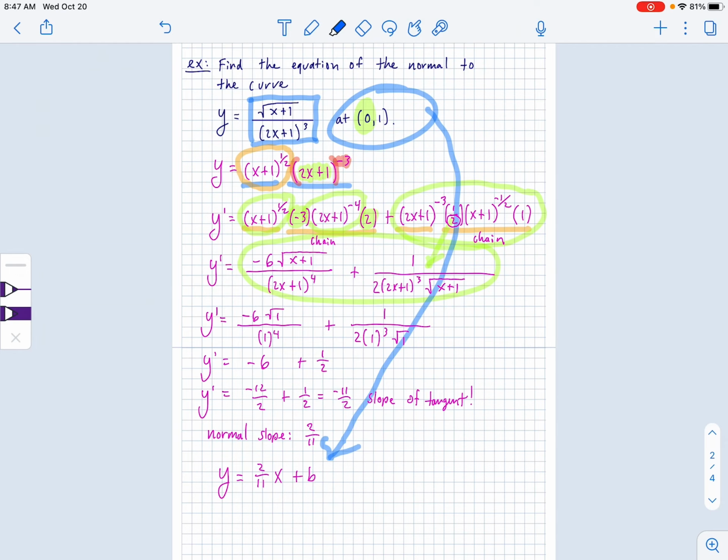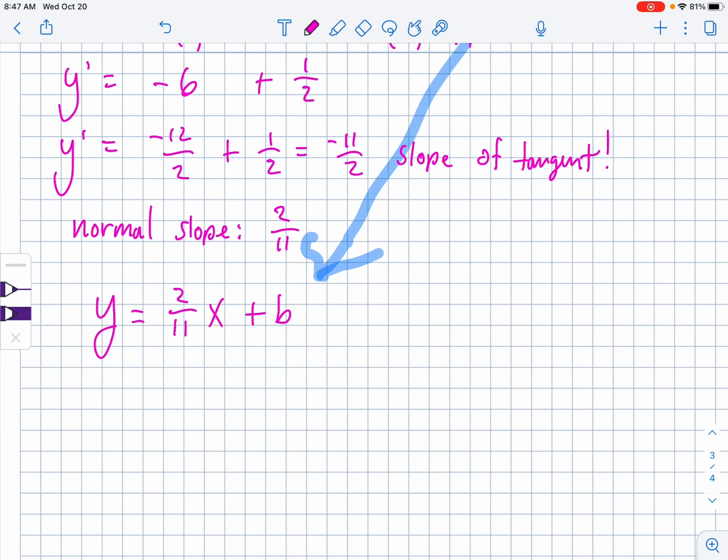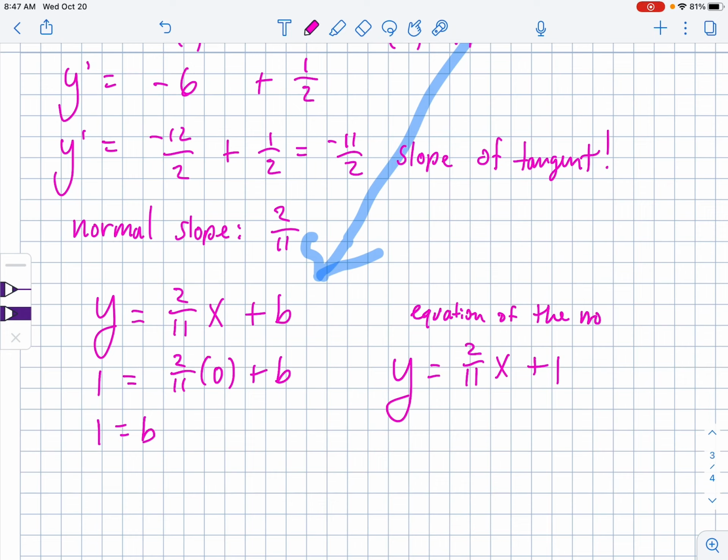But then to find that b value, we're going to take the coordinate (0, 1) and plug it all the way in down here. 1 is equal to 2/11 times 0 plus b. So the 0 cancels out, so b is equal to 1. So final answer, y is equal to 2/11 x plus 1.